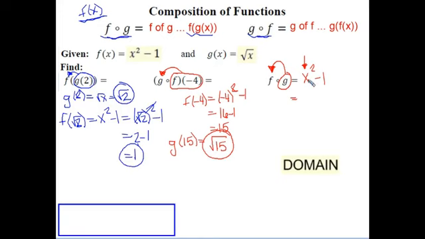So in for this x, I want to put the entire g function, which in this case is just the square root of x. So we're going to have the square root of x in for the x, but this is squared, and we have a minus 1. Now the square root and squared cancel each other out, so we're just left with x and then a minus 1. Alright, so there we go for that one.